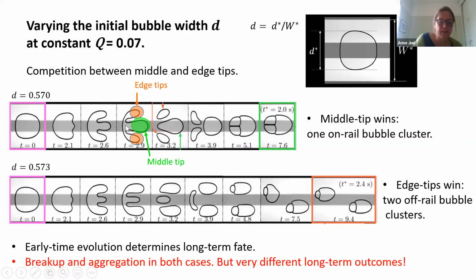What's interesting here is that it's clearly the early time evolution that determines the long-term fate. And what's also interesting is that you're going through all sorts of topological changes, but you get back, in some cases at least, to very simple outcomes.